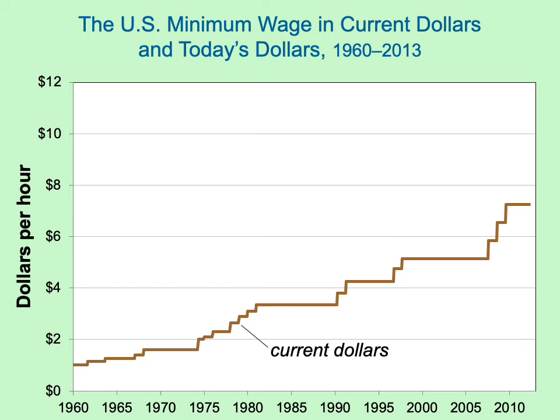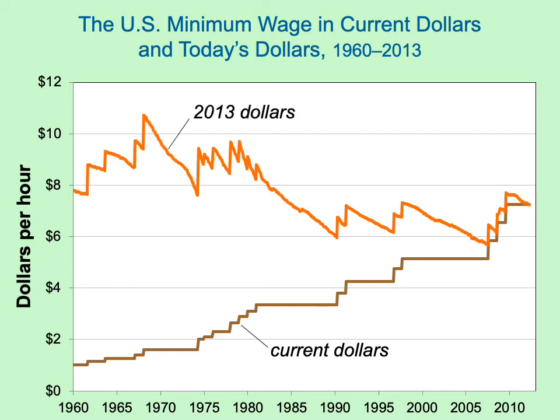But that's current dollars, so we want to control for inflation. Once we do that, we get minimum wage in dollars per hour of constant dollars, using 2013 as the basis. As you can see, it goes up sometimes and sometimes it goes down. For the most part it goes up when there's an increase in the current dollar minimum wage.